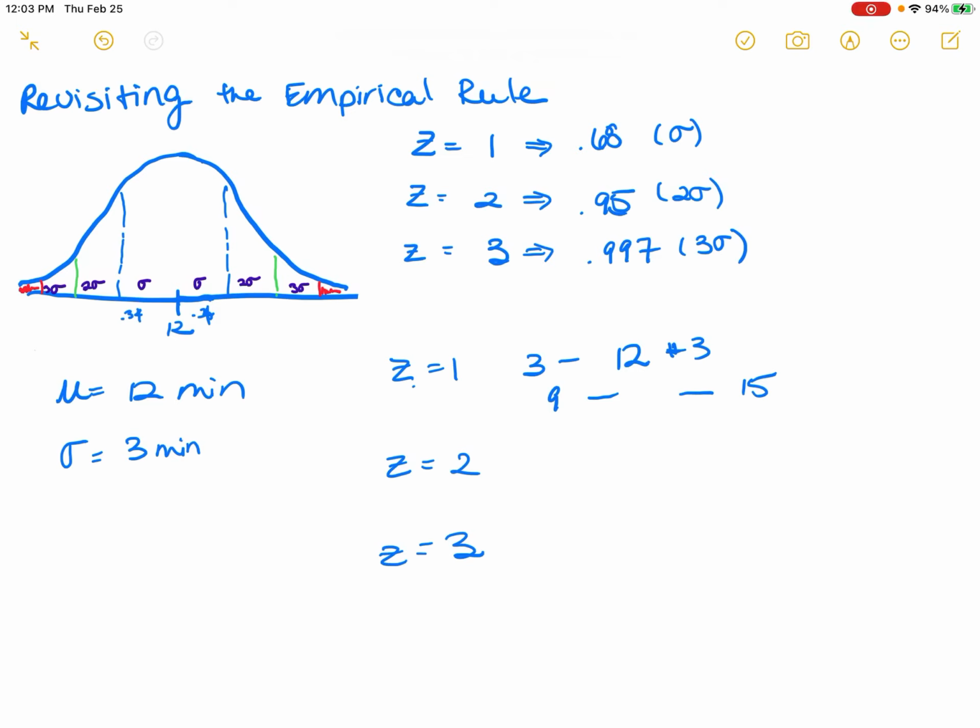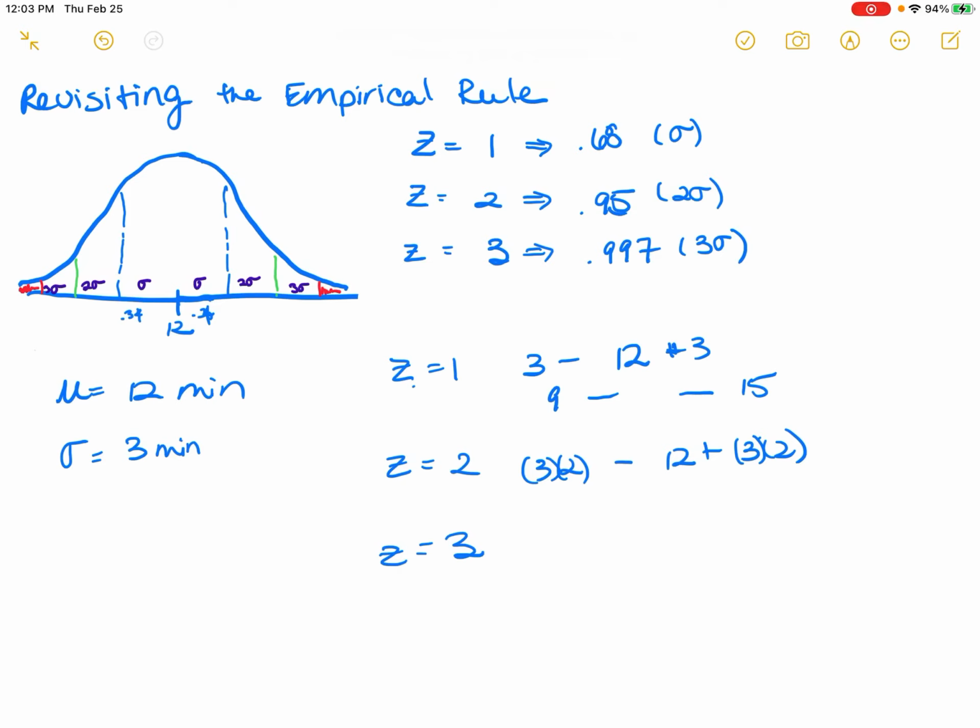Similarly, within two standard deviations of the mean, if 12 is the mean, we'll have 3 times 2, because the standard deviation is 3, so 6, plus or minus 6.